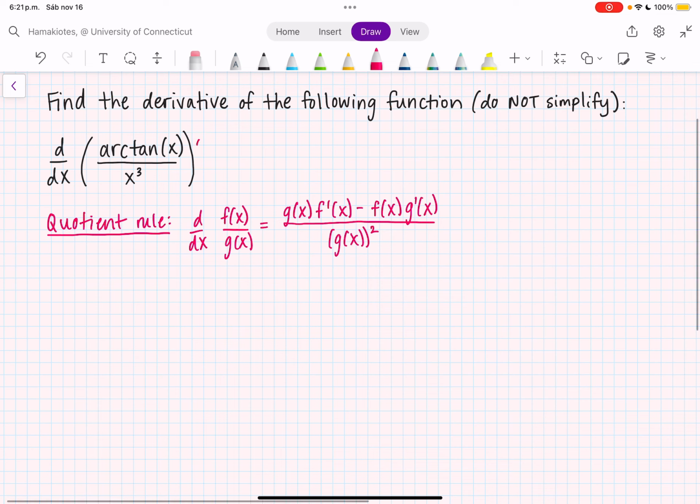So in this case, arctan of x is our f of x, and x cubed is our g of x.